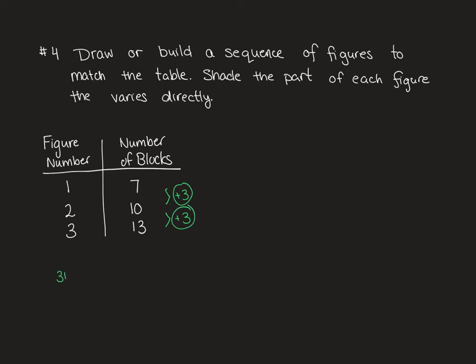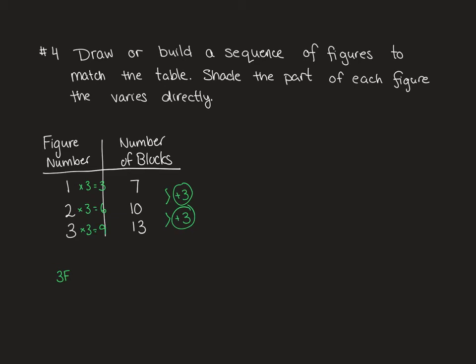So we could replace figure number with just the letter F. So we're going to have 3 times our figure number, and then it doesn't quite get us there, right? 1 times 3 is 3, 2 times 3 is 6, 3 times 3 is 9.